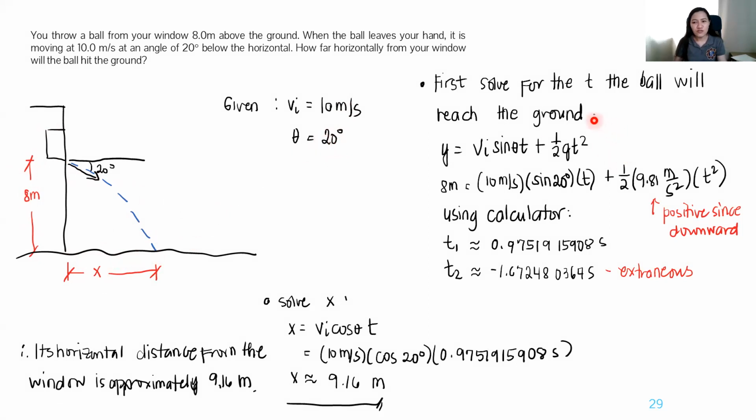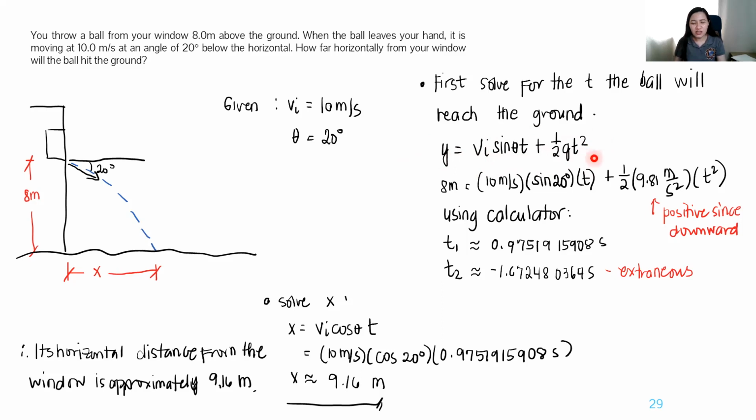So, first we solve for the time when the ball will reach the ground. So, for us to be able to solve for the time that the ball will reach the ground, we use the same formula that we used in the previous problem. So y equals Vi sine theta t plus 1/2 gt squared.